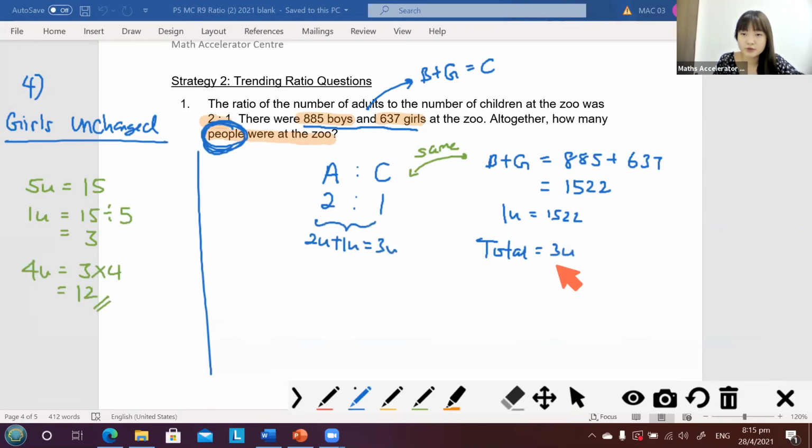So looking for 3 units, 1,522 times 3. What will be your final answer? Okay, Jai, Elisa. Okay, correct. Reem, yep. 4,566.